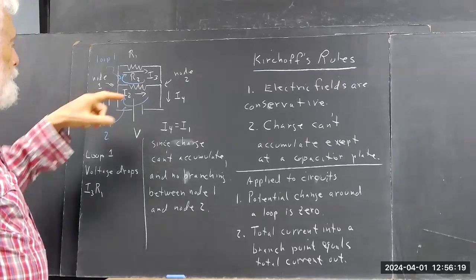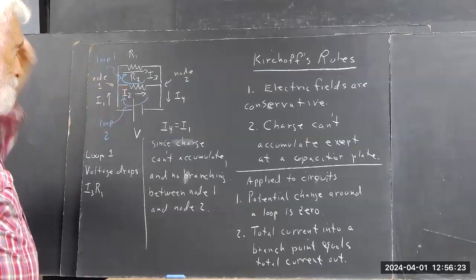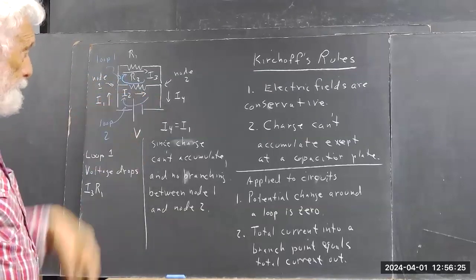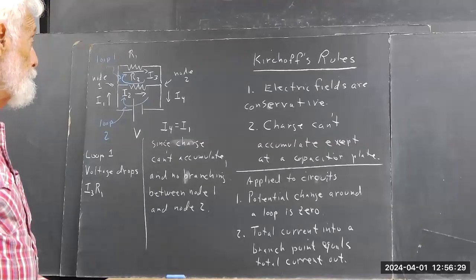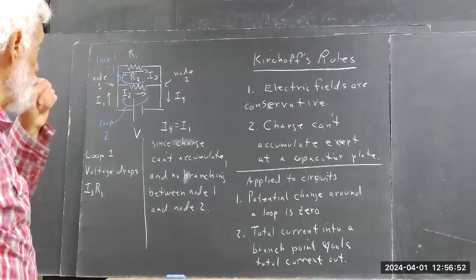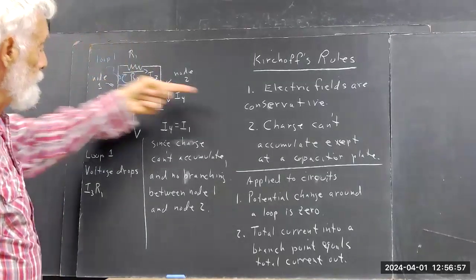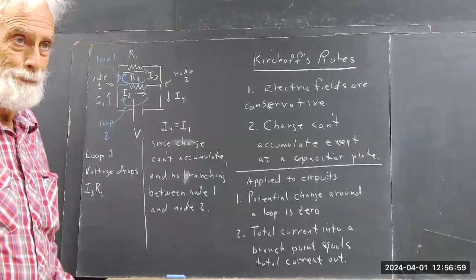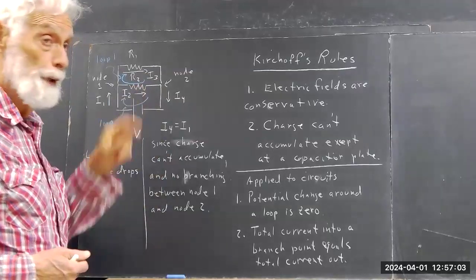Now, what is your voltage drop across resistor 2, where the current is I2 in this direction? Is it I2R2, or is it negative I2R2? Okay, a quick answer to that is correct: you go around the loop in this direction, and the current goes in this direction through that resistor.